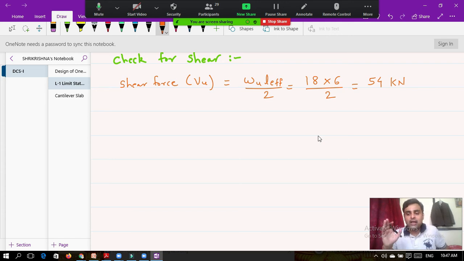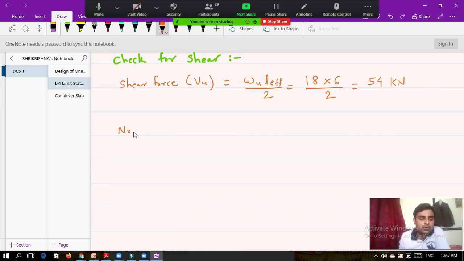Now we need to calculate what is the shear stress. What is the nominal shear stress, means the shear stress which is developed in the beam, that we need to calculate. This we have already done in the case of slab also.